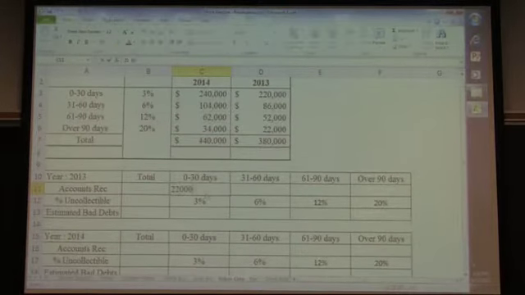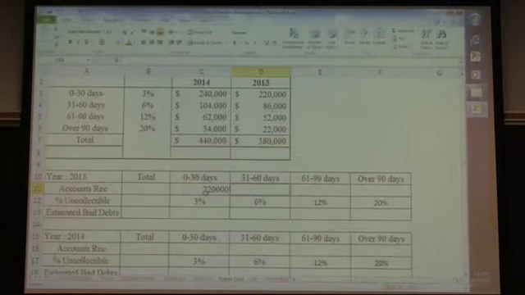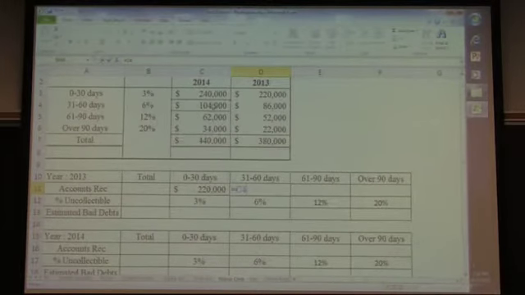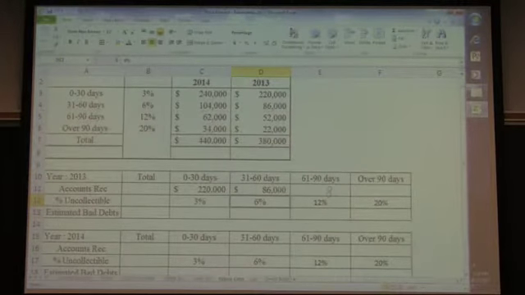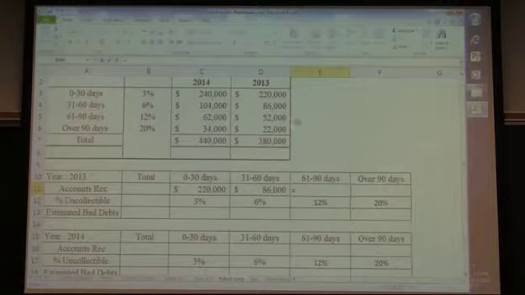It's $220,000 here. And over here I have $86,000. And over here I have $52,000, which is 61 to 90 days.